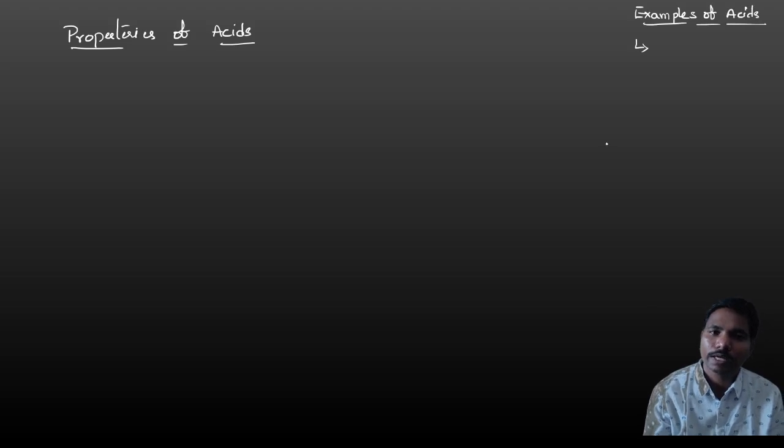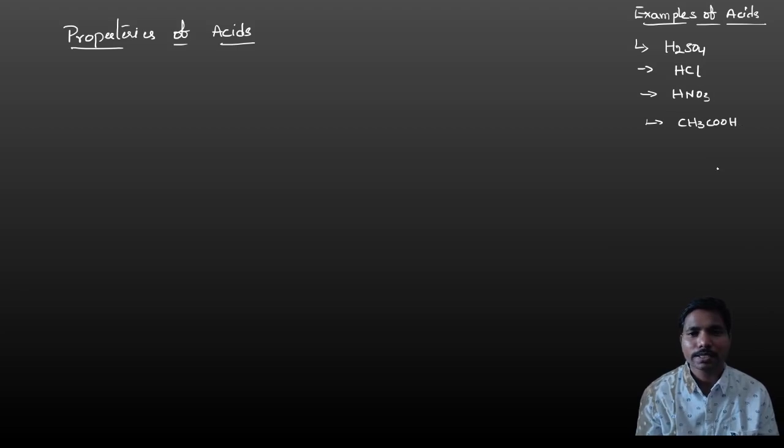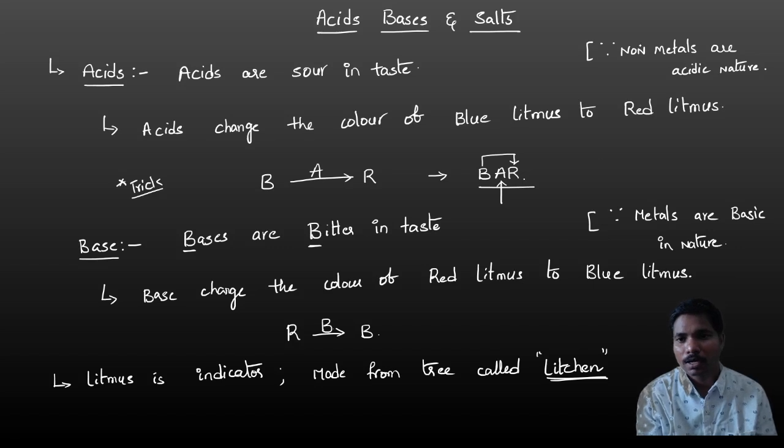For example, industrial acids like H2SO4, HCl, HNO3. Okay, some weak acids like acetic acid, CH3COOH. Okay, so these are the examples of acids. So what I said, non-metals are acidic in nature.